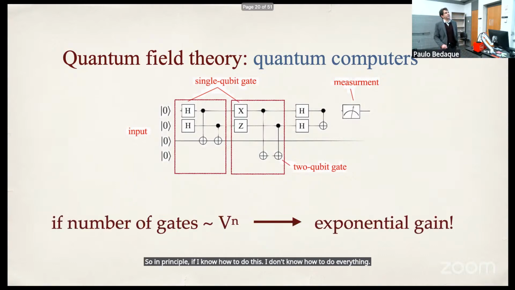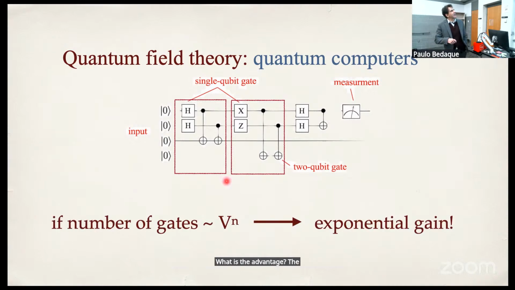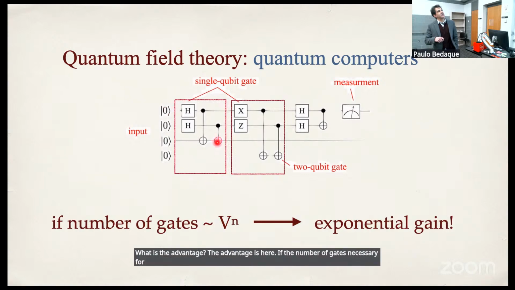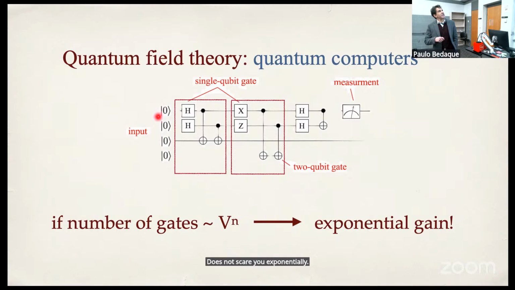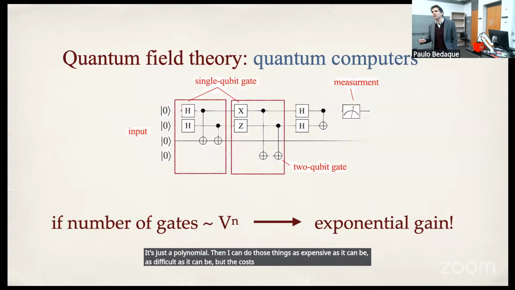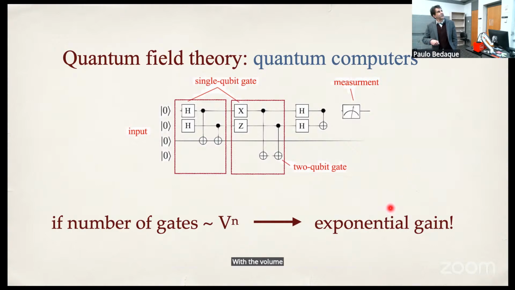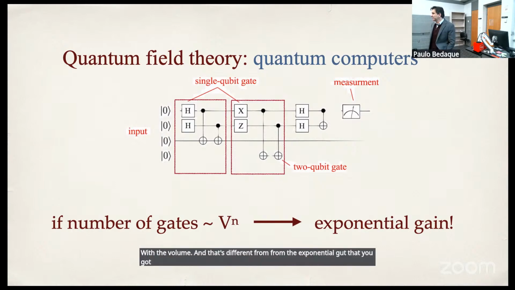What is the advantage? If the number of gates necessary for a single step does not scale exponentially with, say, the system size, and it's just a polynomial, then I can do those things as expensive as it can be, as difficult as it can be, but the cost is not going to grow exponentially with the volume. That's different from the exponential gap that you get by direct diagonalization.